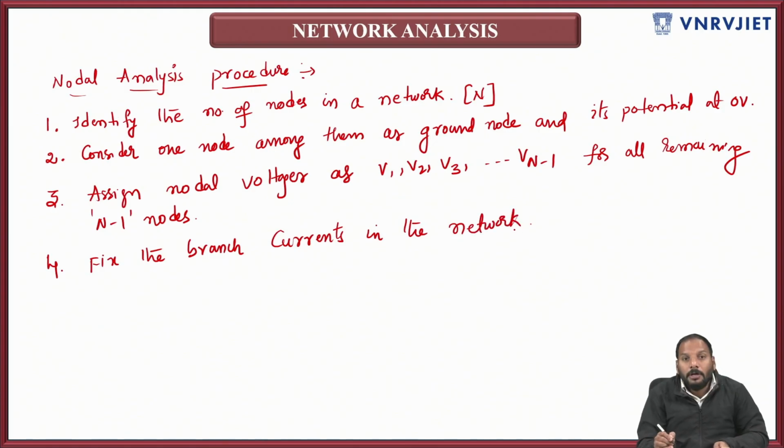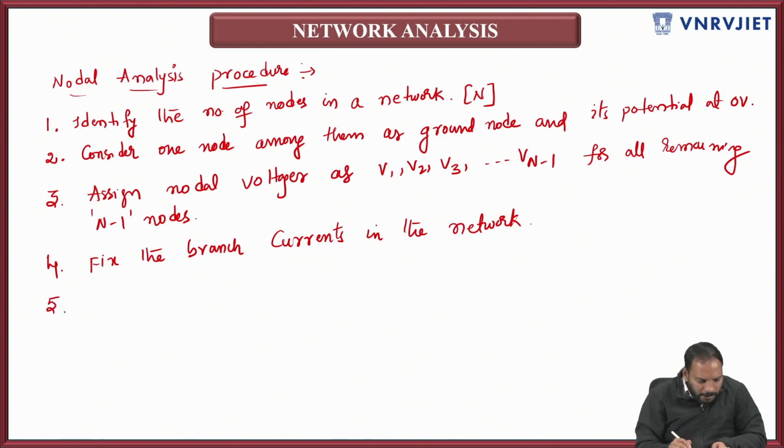It is very important. You need to fix the branch currents immediately, right? Nodal voltages you have assigned, then you need to fix the branch currents because we are going to apply KCL at the nodes now. So to apply KCL, compulsory you must have currents in the branches, right? So that is why you can fix the branch currents in the network.